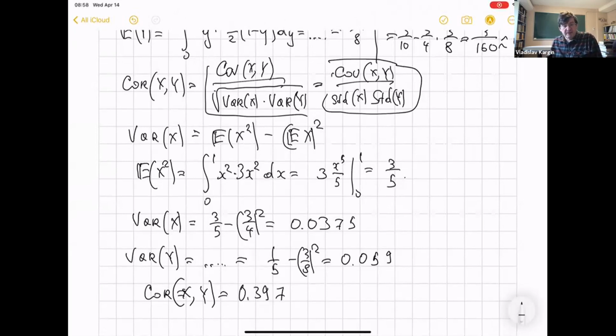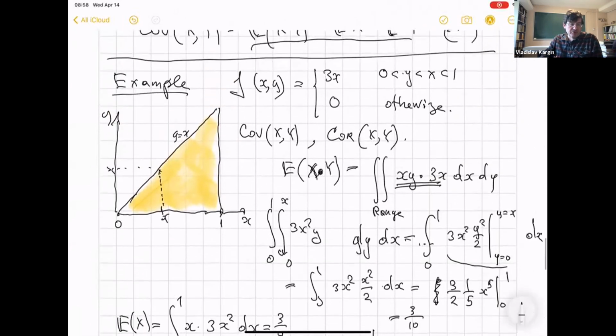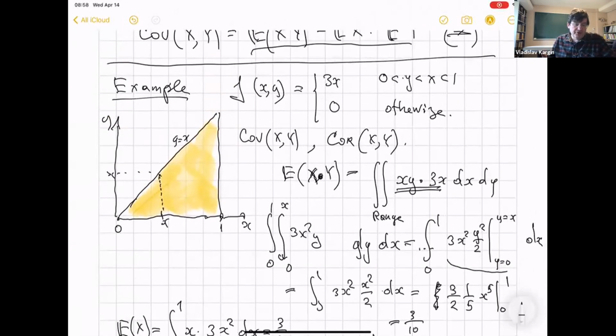This says something more meaningful, right? It says that it is equal to 0.39, and it's a pretty big number. It says that there is a big dependence between x and y. If you think about why this is a big dependence, there are two factors here. The most important factor is that this is a triangle.